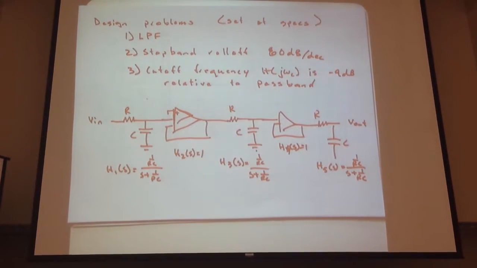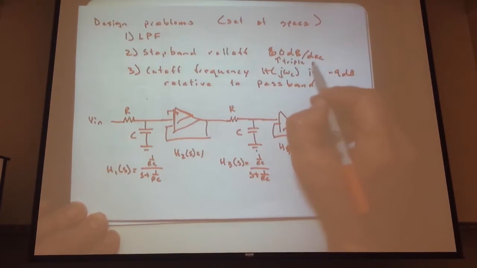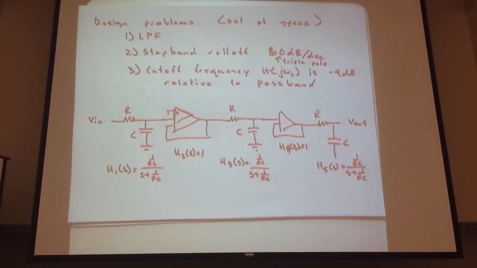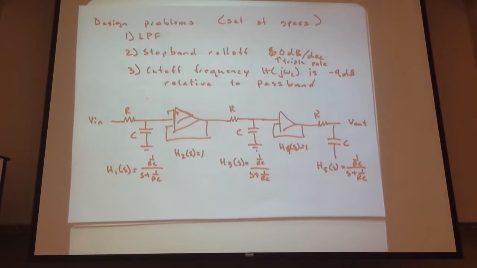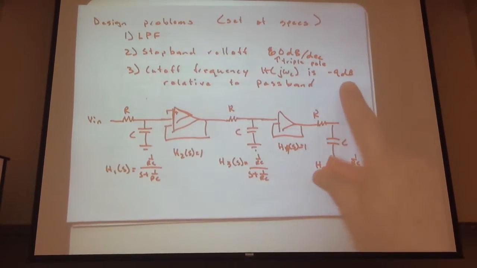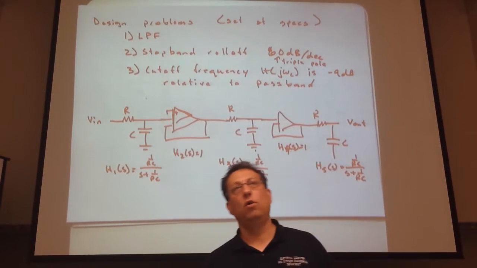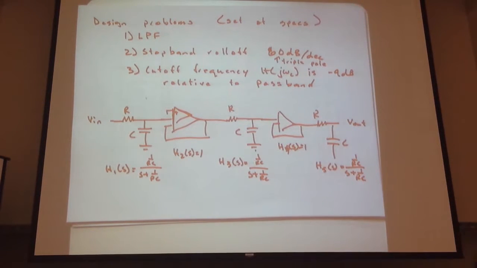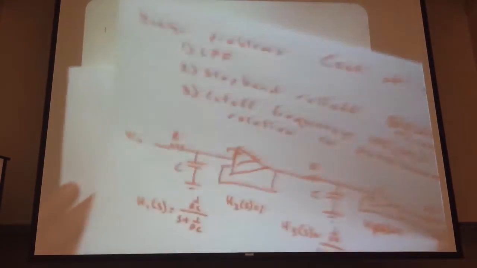Why does this work? Well, this implies a triple pole. So we have 60 dB roll-off. We recognize that requires a triple pole at our corner frequency or cutoff frequency. Our corner frequency is a minus 9 dB point. If we have a triple pole, first order circuits by default give minus 3 dB per pole. 3 first order circuits then correlates to minus 9 dB. And so we can plot something like this.